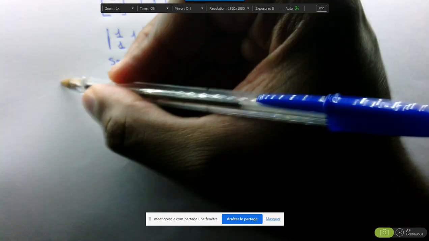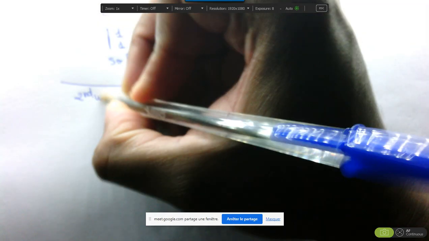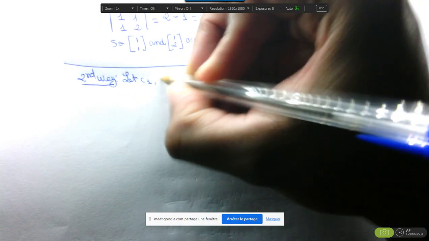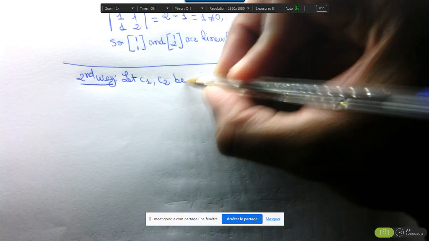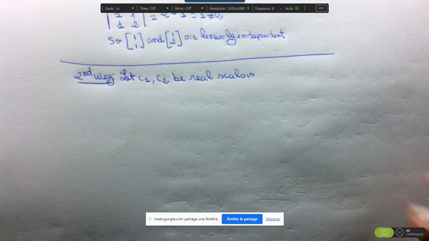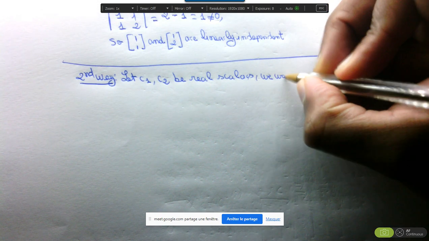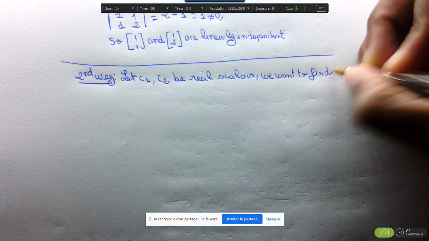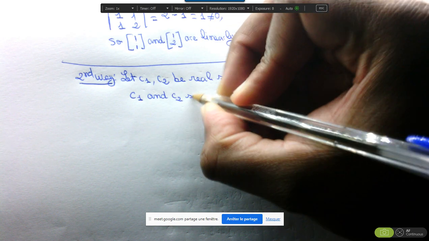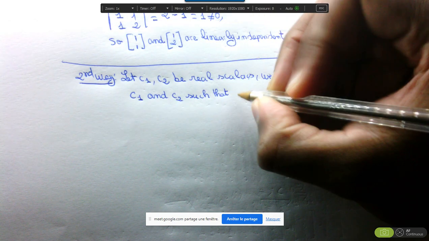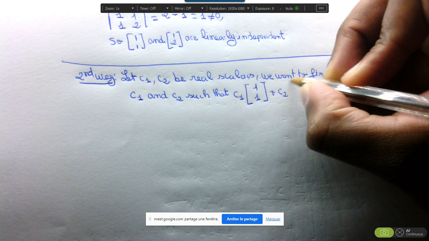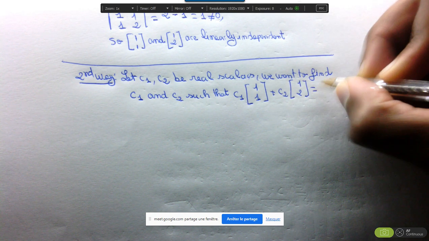So in that case, the second way: let C1 and C2 be real scalars, and we want to find C1 and C2 such that C1 [1, 1] plus C2 [1, 2] equals the 0 vector.